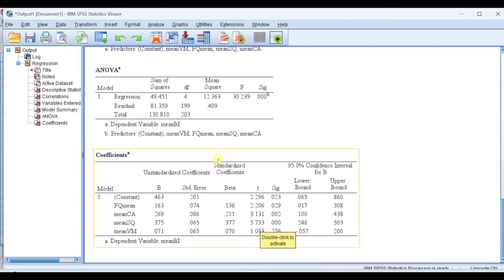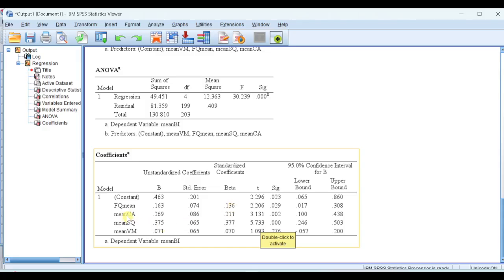If I want to interpret the standardized coefficients, how do I interpret them? The beta standardized coefficients are something which we can interpret in terms of standard deviation. So here I say that for every 1 unit of change in standard deviation of food quality, the standard deviation of my dependent variable will be affected by 0.136.